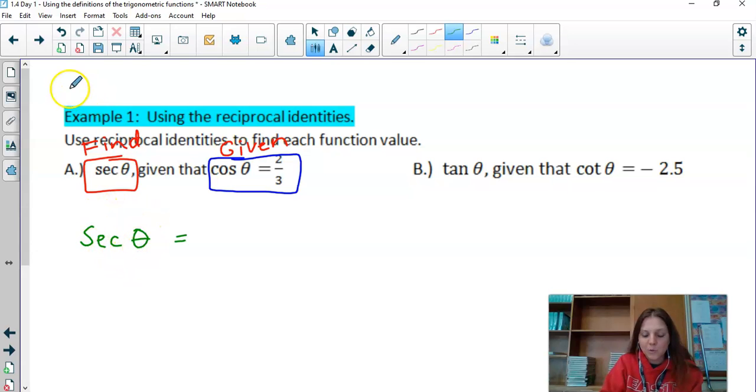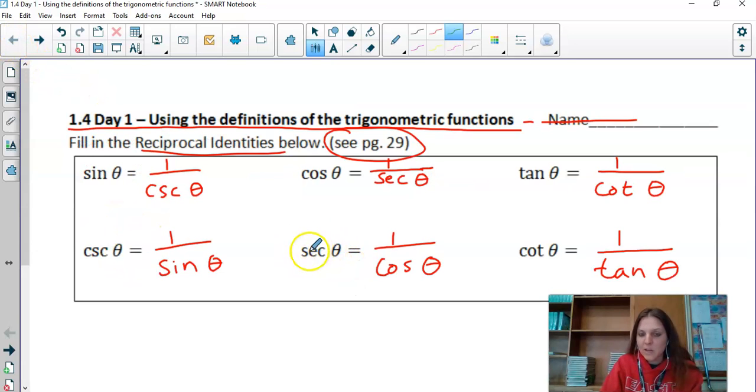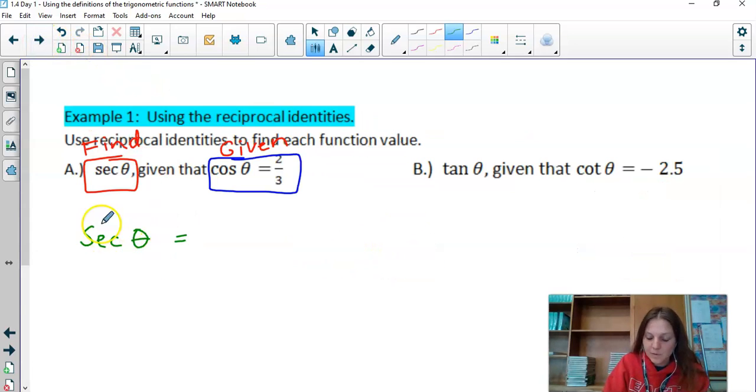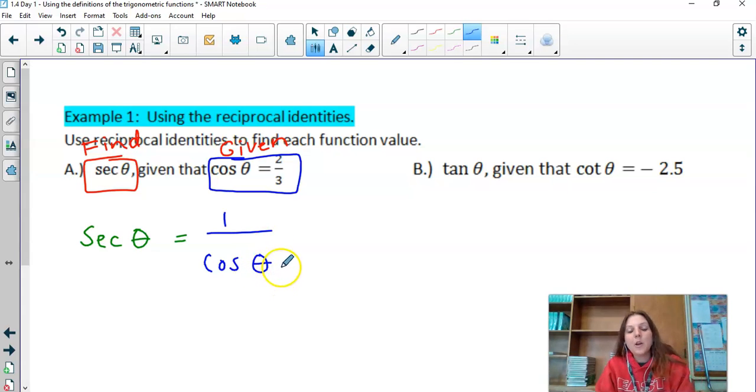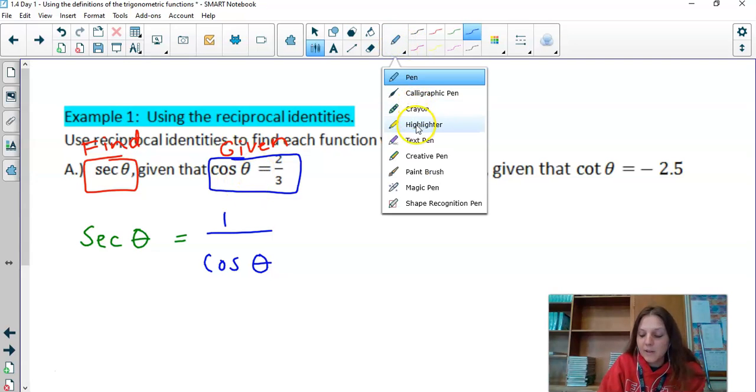So let's take a look at it again. Secant theta equals. So I'm going to get rid of this secant of theta, and I'm going to replace it with its reciprocal, its equivalent. So let's get rid of secant, and we're going to replace it with 1 over cosine theta. Now, what I know is the value of the cosine of theta. It's right here.